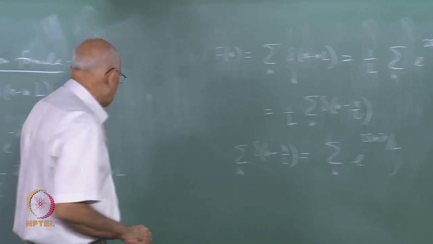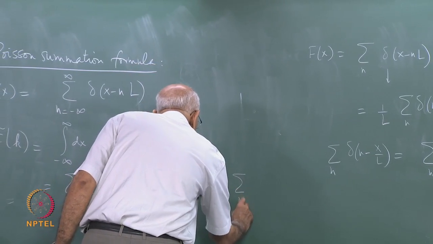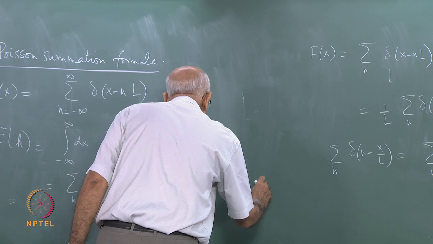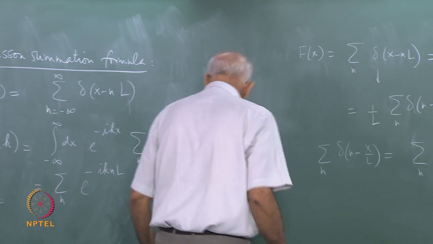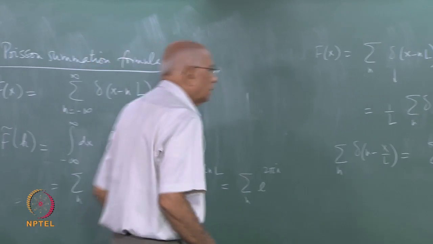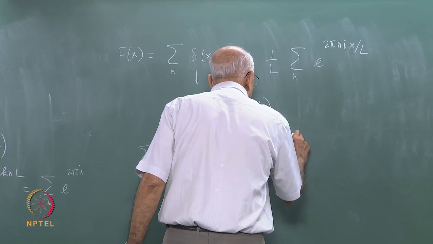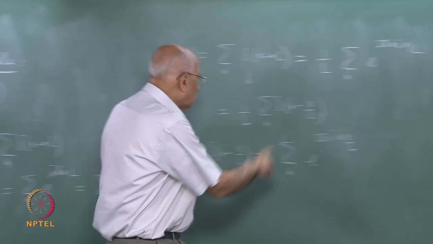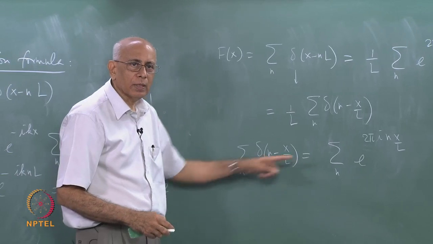So what I do is to write this as equal to a summation over n e to the 2 pi i, so let me write this so that it is transparent, 2 pi i n x over L. So e to the 2 pi i, and then there is an n x over L, and that becomes delta of n minus x over L here.